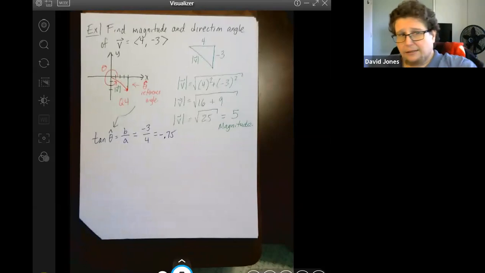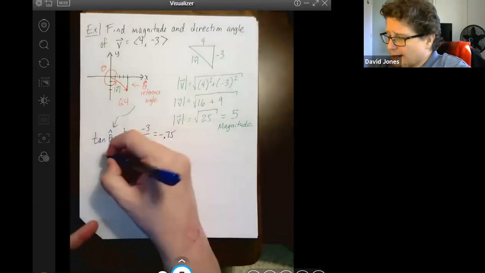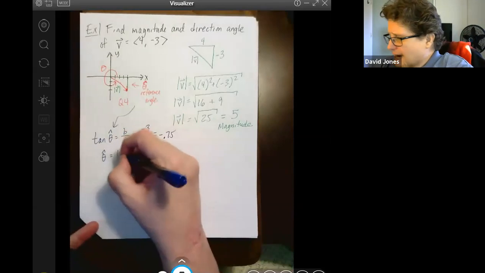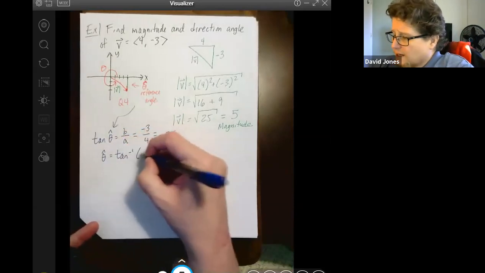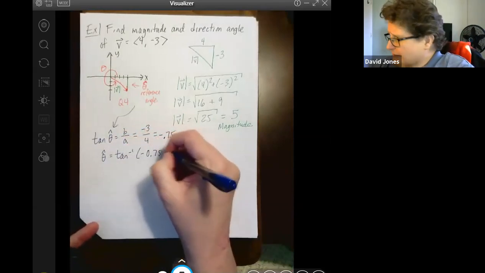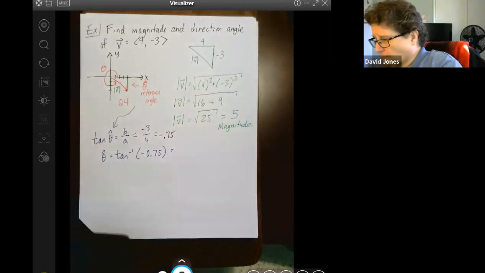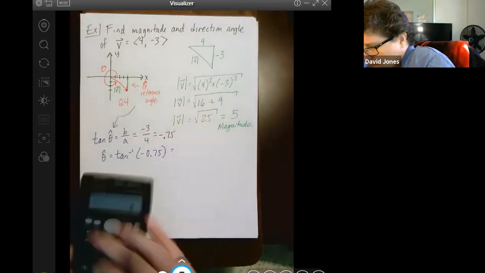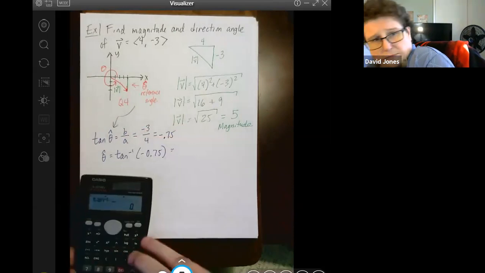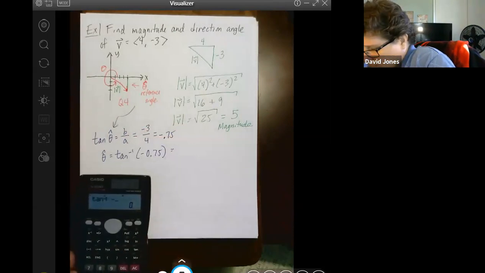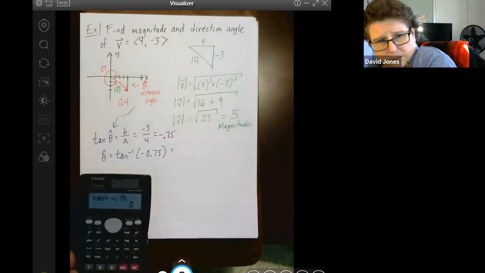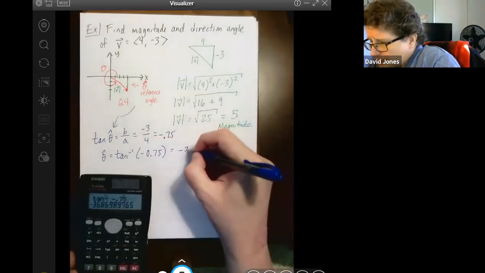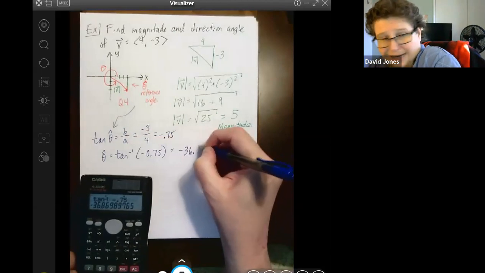Got my calculator. What does it tell us about theta hat? Theta hat is tangent inverse of -0.75, which is -36.9 degrees, maybe.